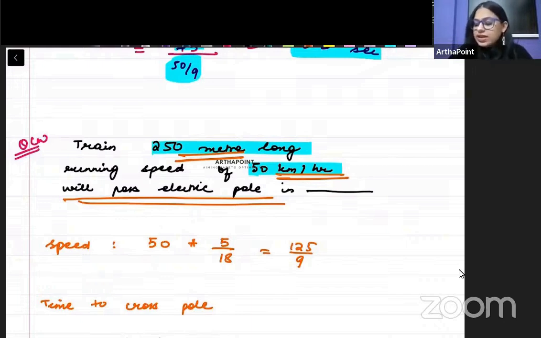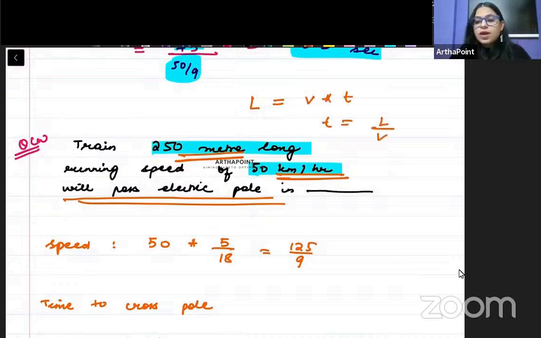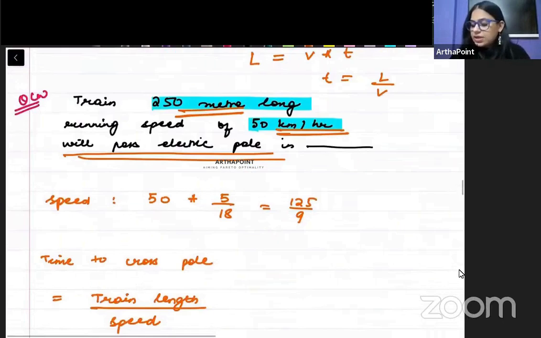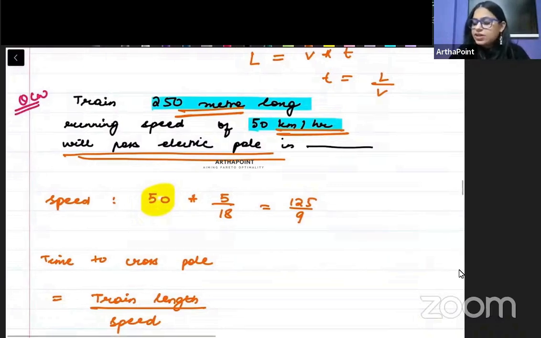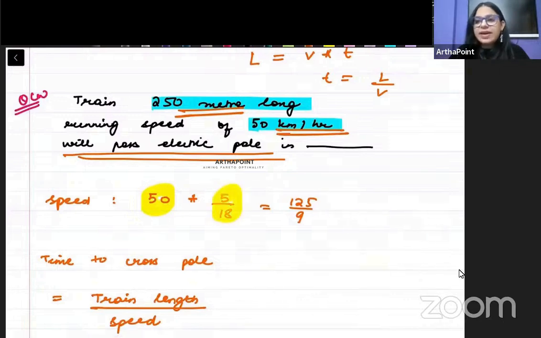So we know that the length of the train is equal to velocity into time. So the time is going to be length by velocity. But before we go ahead and do that, we need to convert the speed into meter per second, right? So we are given that the speed is 50. And when I convert this 50 into meter per second, I will get 50 into 5 by 18.